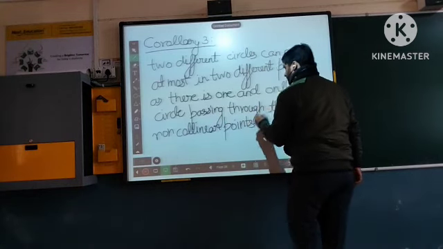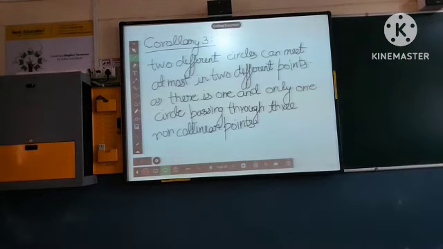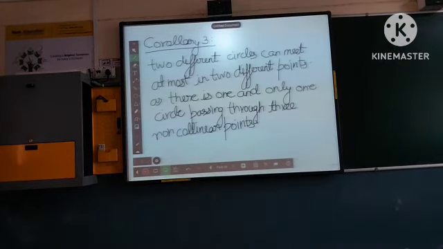That is the third corollary of theorem number 15.5. I hope it is clear to all. And these corollaries are basically the conclusions from theorem 15.5.